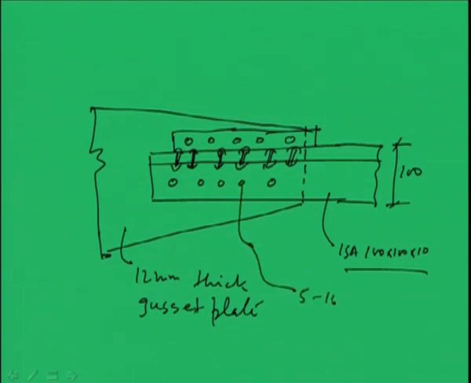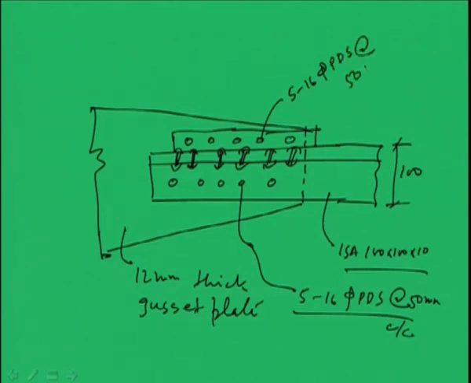Now, these are basically 5 numbers of 16 mm diameter rivets at 50 mm center to center. Okay. This is the distribution, and here this is 5 numbers of 16 mm rivets at 50 millimeter center to center, and here this is 6 numbers of 16 mm rivets at 50 millimeter center to center, right.